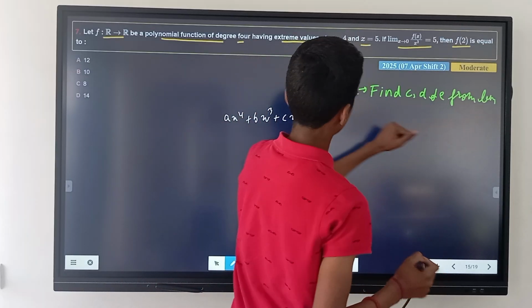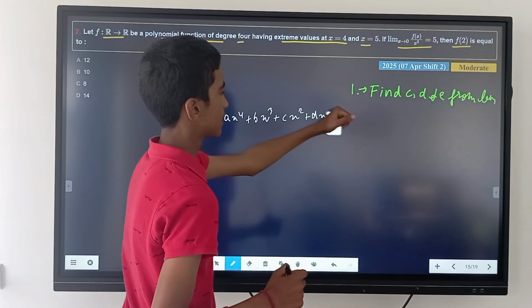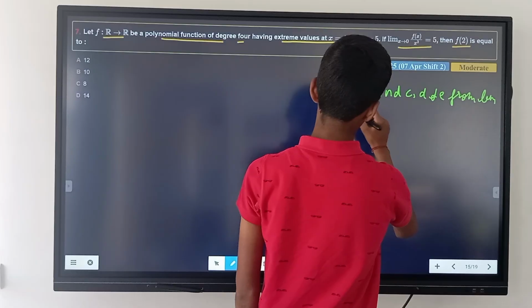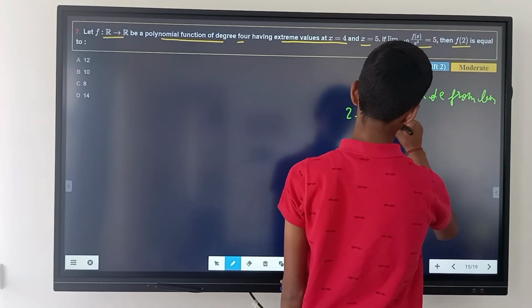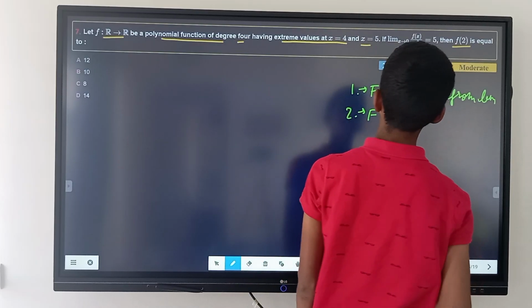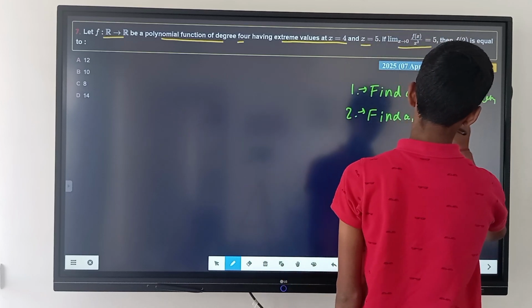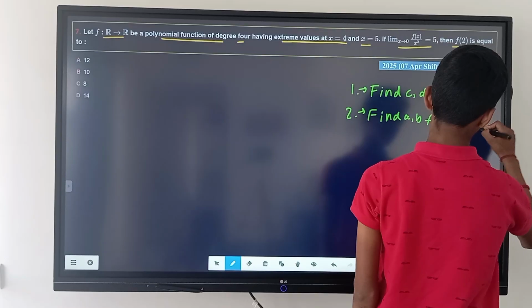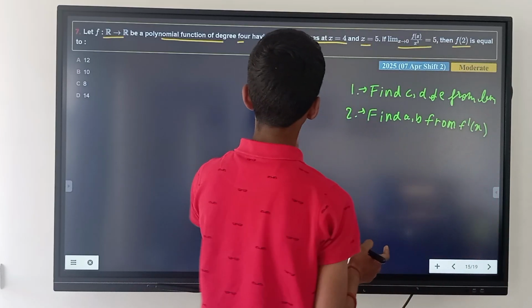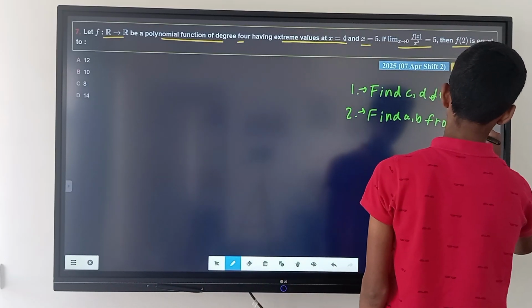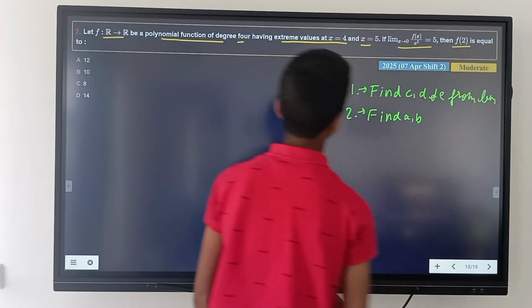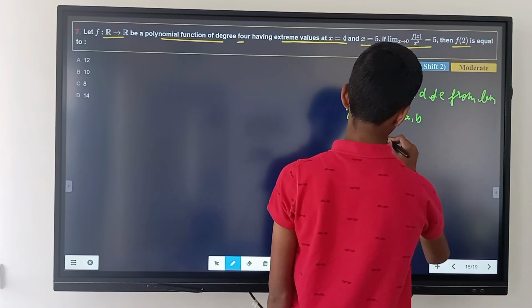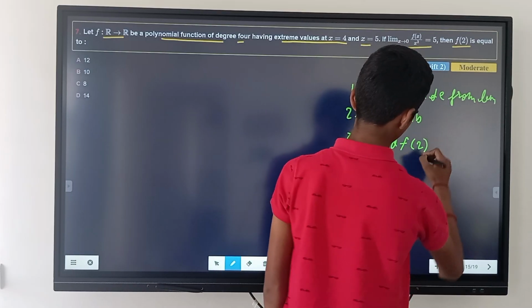So C, D, E are the coefficients of x squared, x and the constant respectively. The second step will be to find a and b from f dash x and the extreme values. The third step will be to find f of 2.